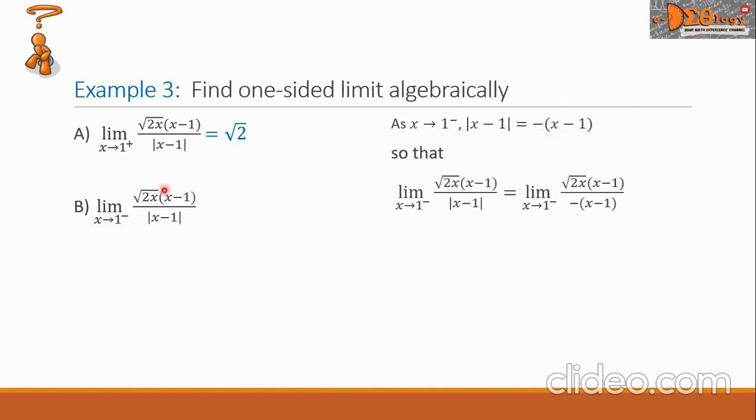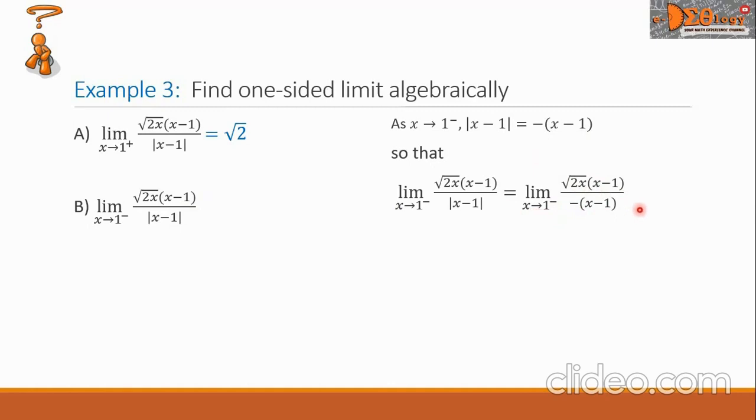So we can write again our problem like this. The limit of the square root of 2x times x minus 1 all over the negative of the quantity x minus 1 as x approaches 1 from the left.